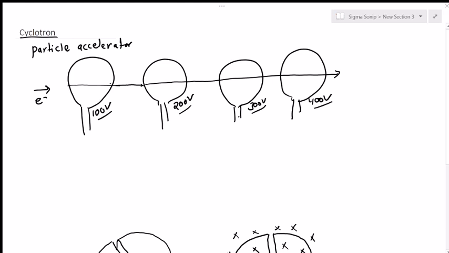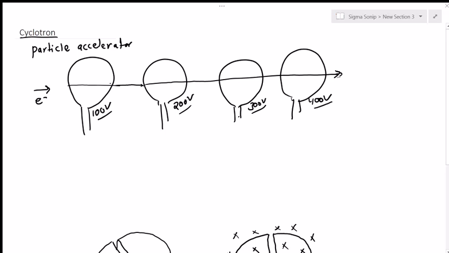And what we have is an electron beam here, which would have some velocity. So these kind of accelerators are linear, and if you want to use this kind of accelerator, you need to have it in a very linear manner.